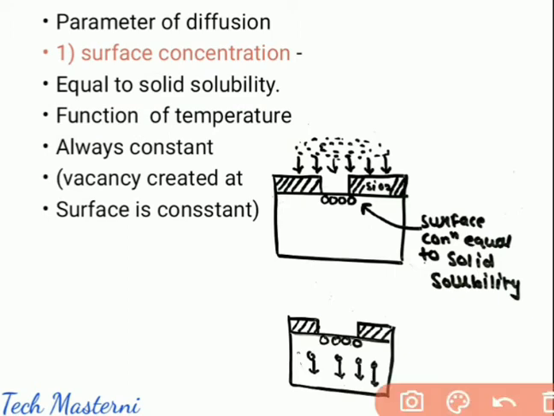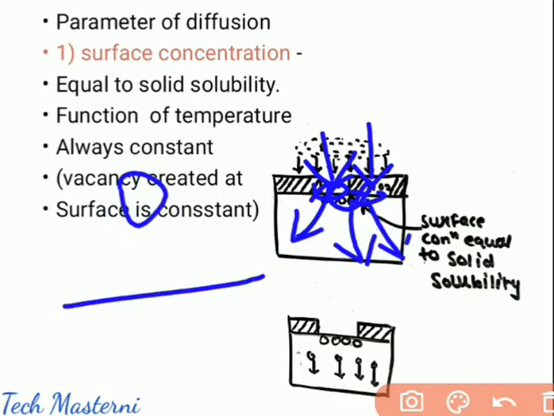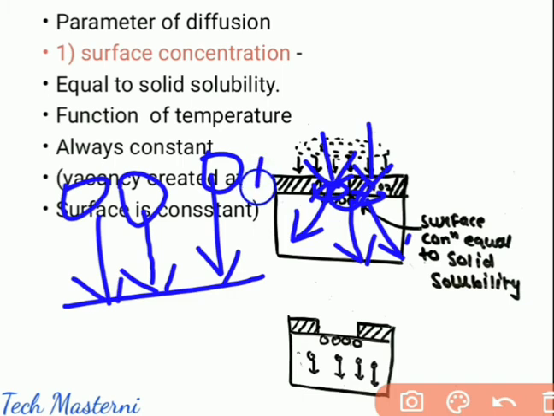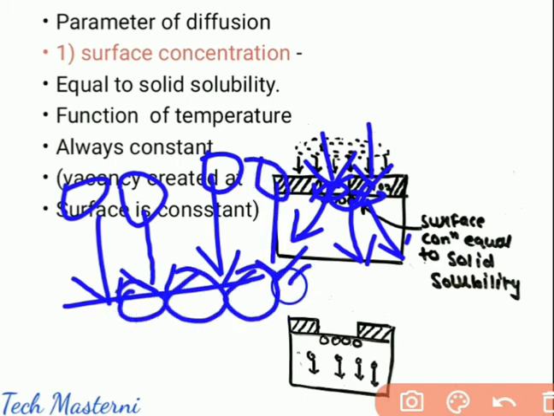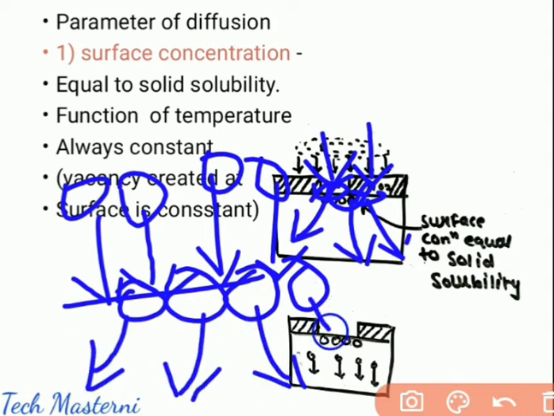It means the amount of dopant which enters the surface is equal to the amount of dopant which diffuses to the lower part. It's simple. If four atoms reach the surface, then four atoms which are already present here will diffuse to the lower part of my substrate.